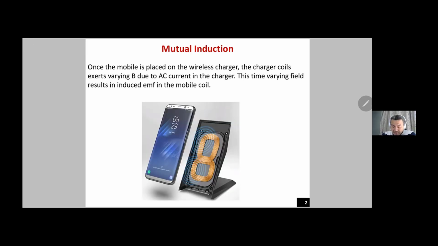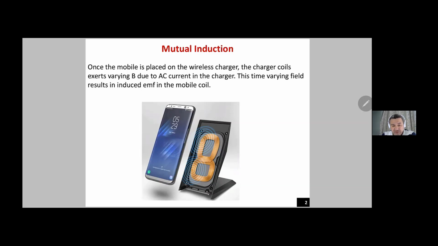Okay, so we said that we have looked into the electromotive force induced in a coil when this coil is experiencing time varying flux crossing into that coil. So what is this inductance?